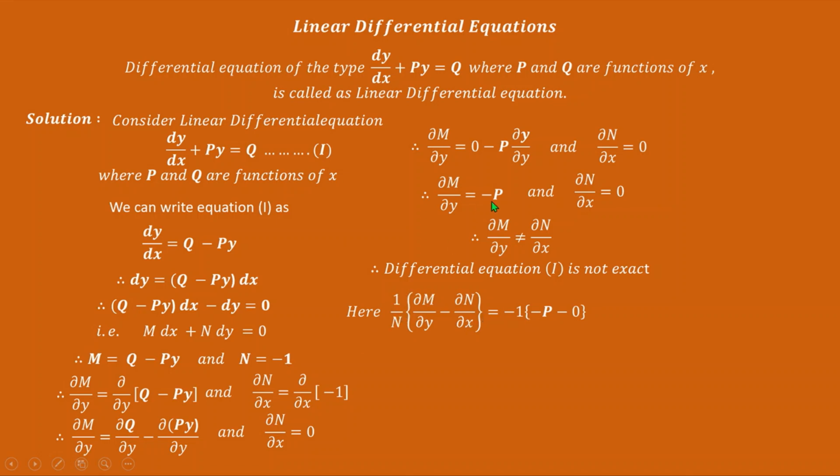Value of ∂M/∂y is -P, and ∂N/∂x is 0, and so this whole value is equal to -1 into the bracket (-P - 0), which is -1 into -P, which is P. And therefore we find the value of 1/N (∂M/∂y - ∂N/∂x) is P, and you know P is a function of x, so this is a function of x alone, say it is f(x).